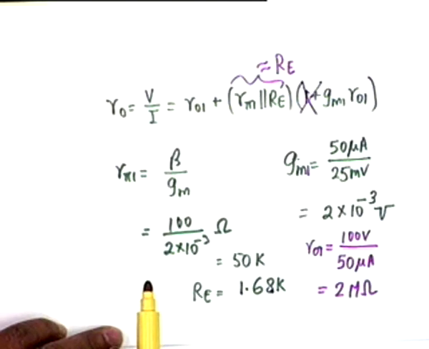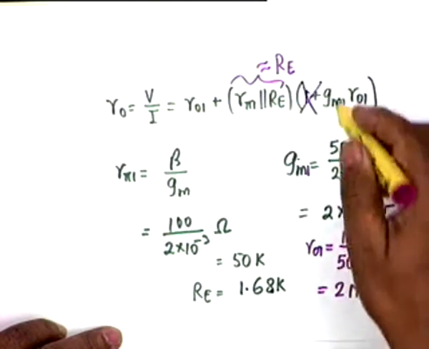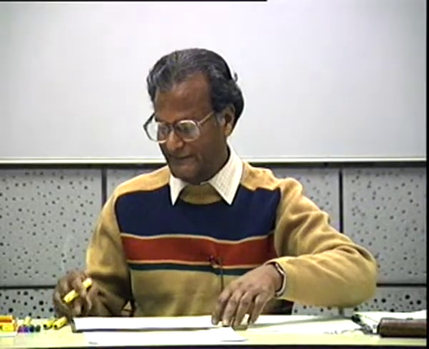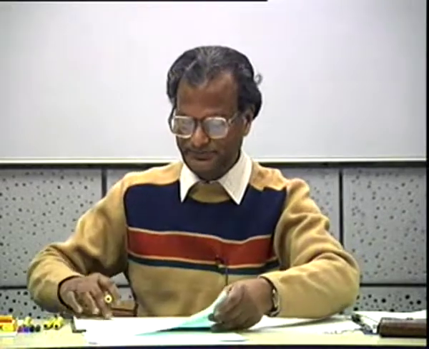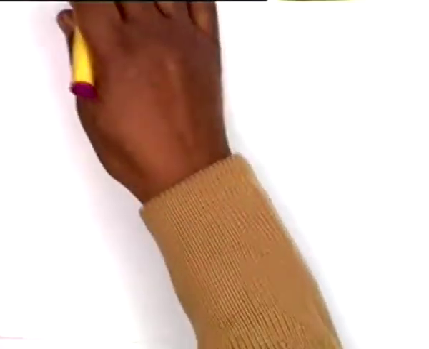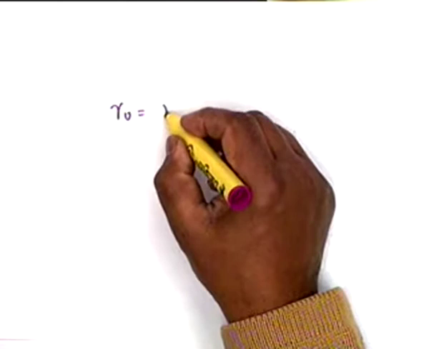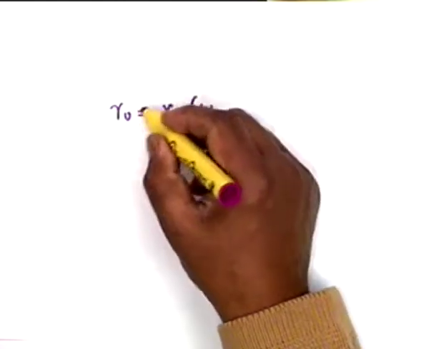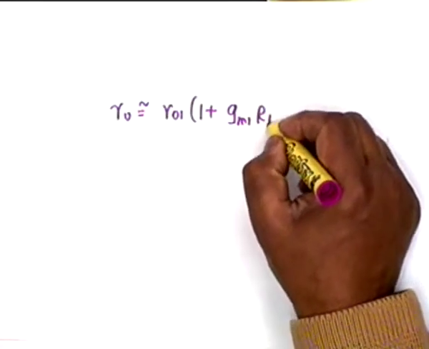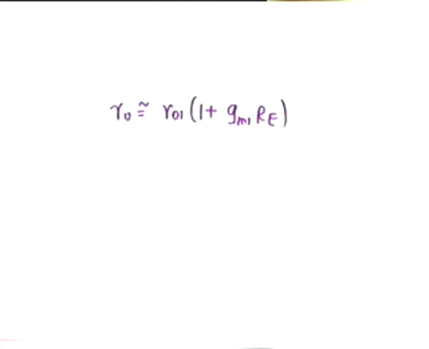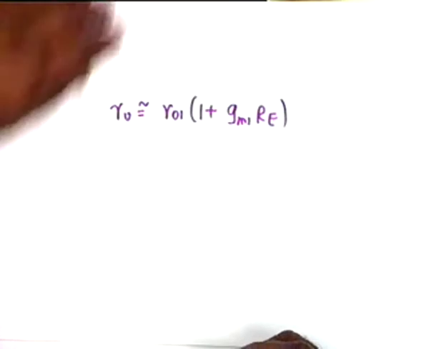From a practical example, this term 1 can be ignored. And therefore, my expression simplifies to a very simple one, and this is what is used for design. R0 becomes approximately equal to R01 times 1 plus GM1 RE.